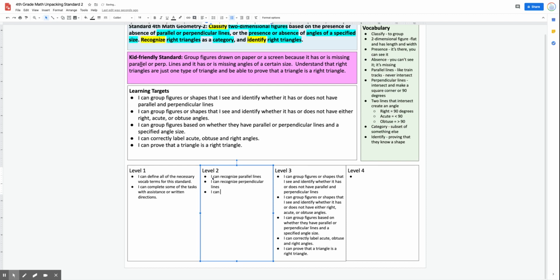I can recognize acute and obtuse angles, and it might be that I can recognize all triangles and rectangles from one another.